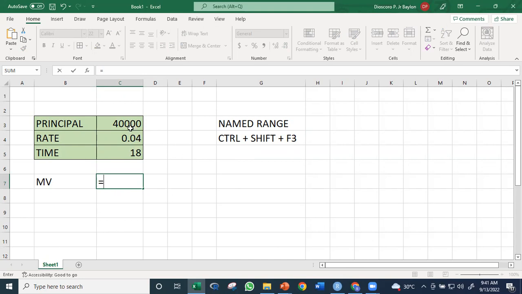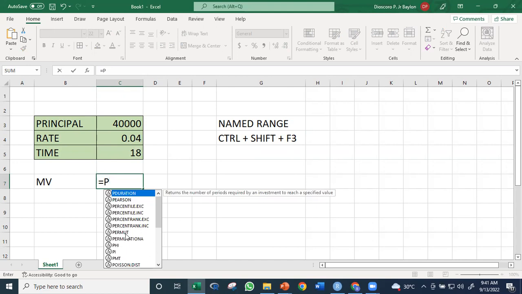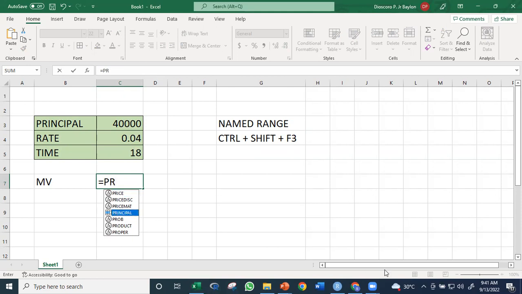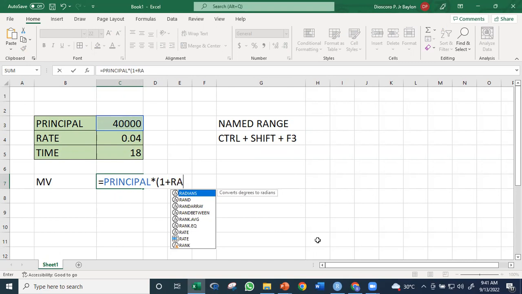It's principal times 1 plus rate times time. I can type P, principal, and now you can see here, it's a spreadsheet principal. This is now the cell that we use. Tab. So we find your principal and it links to your 40,000, times 1 plus your rate, let me type RA, and here you have your rate.